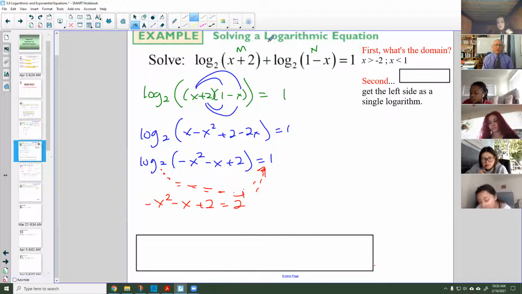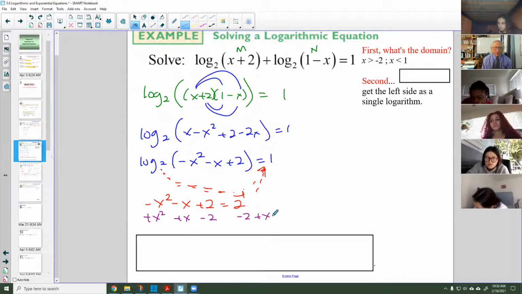I have to get everything on one side of the quadratic. And since I don't like negative x squareds, I'm going to add x squared, I'm going to add x, and I'm going to subtract 2 from both sides. So I'm going to go minus 2 plus x squared.